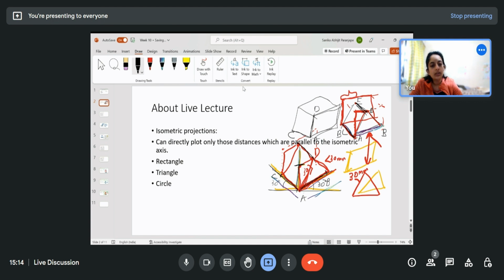So you can go ahead and mark this length here and then locate the point E. So this is how this object will look in isometric.